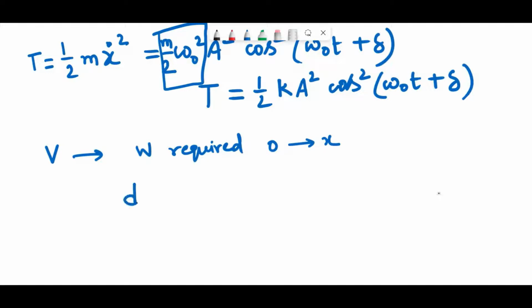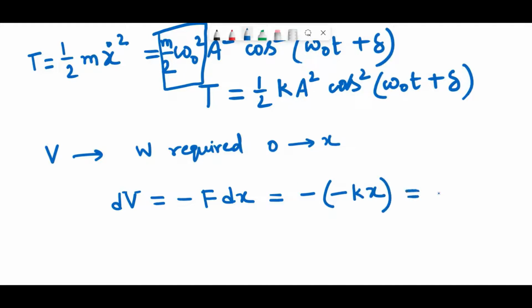And we all know that the explicit expression for potential energy, specifically the differential potential energy, is equal to negative F times dx. And of course, from Hooke's law, we know that F is simply the restoring force, which is negative kx, and that gives us positive kx times dx.